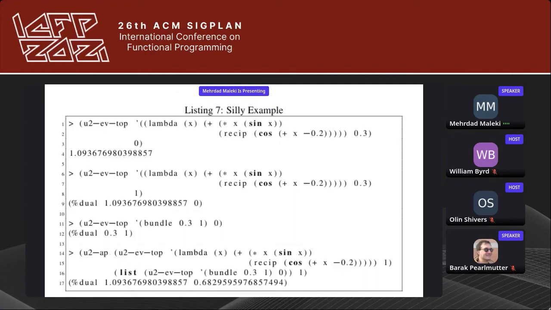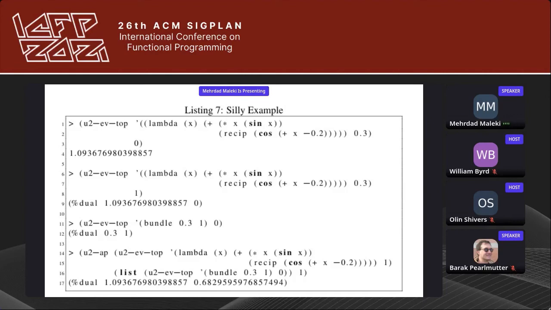But here, you can see that at level 2, if we evaluate this function, which is x times sine of x plus 1 over cosine of x minus 0.2 at 0.3, at level 0 it gives us the value of this function. But at level 1, it gives us the value of this function on real numbers at level 1, which is a dual number with 0 as the tangent part.